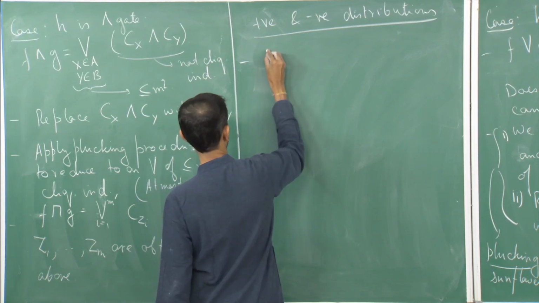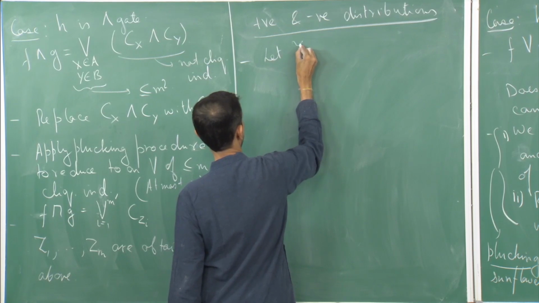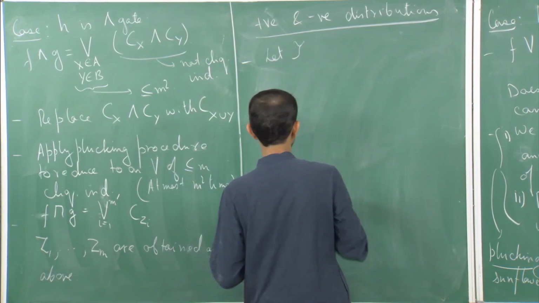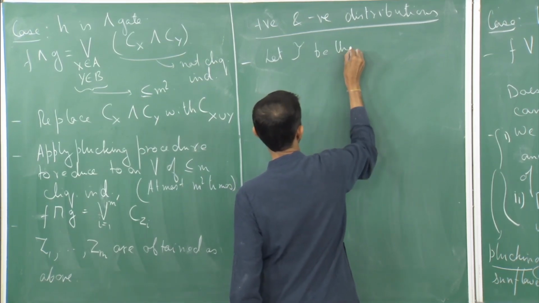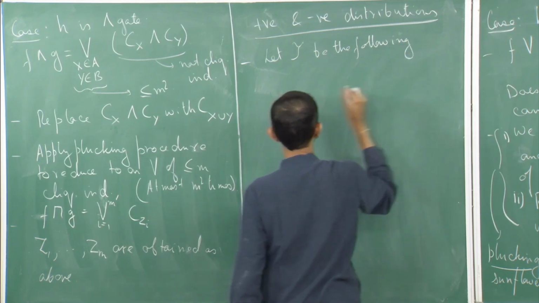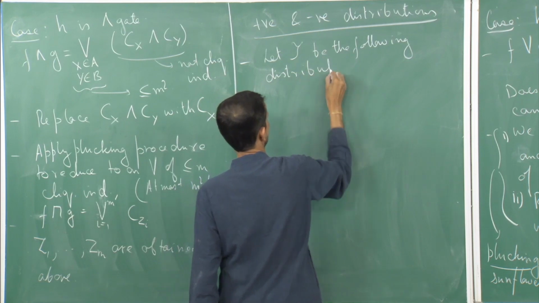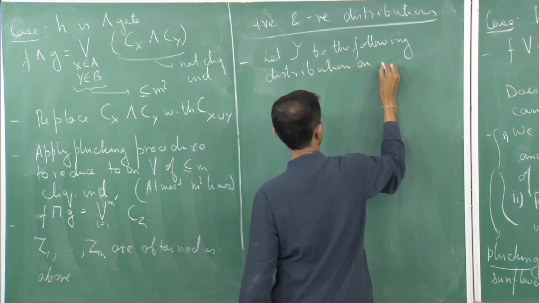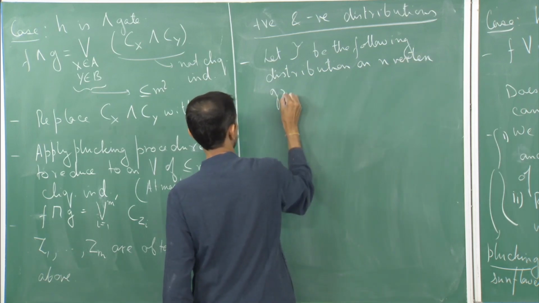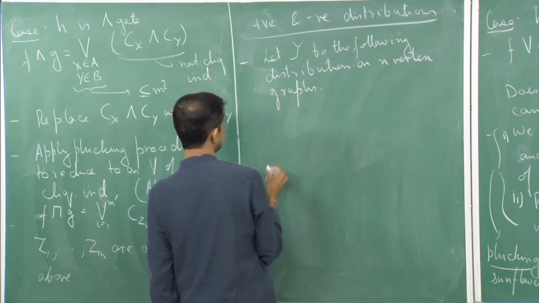So, let y be the following distribution on n vertex graphs.